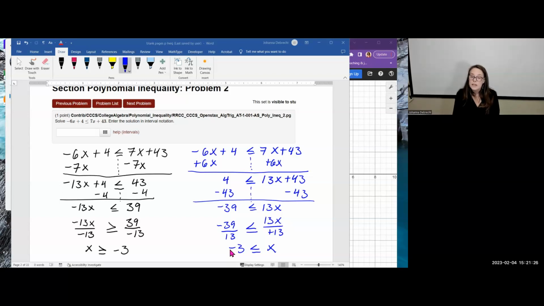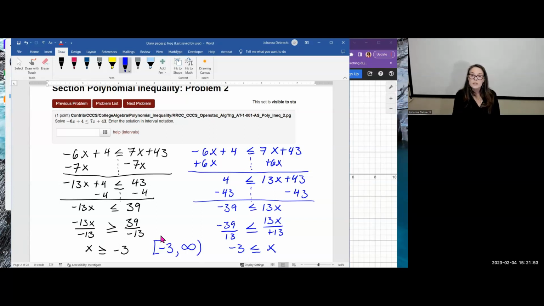We start with the narrow end, so our solution set is going to start with the narrow end, and notice that we did in fact use that square bracket because of the or equal to part of the inequality. And then we're going to go to the far right, which, well, how far does x go? Well, it goes to infinity. So it looks to me like the solution set would be negative 3 to infinity.